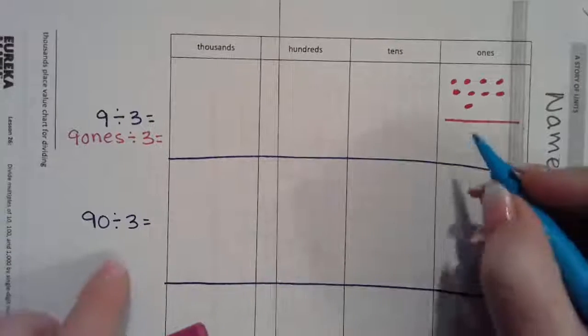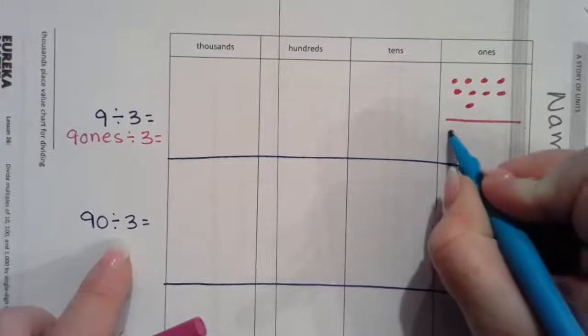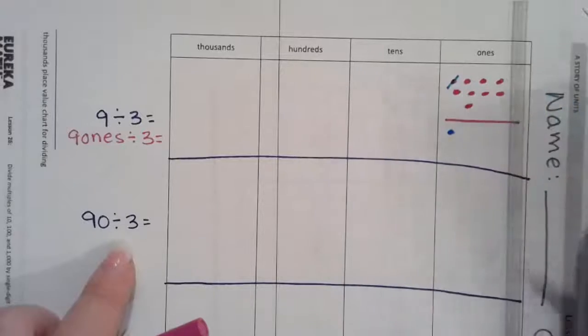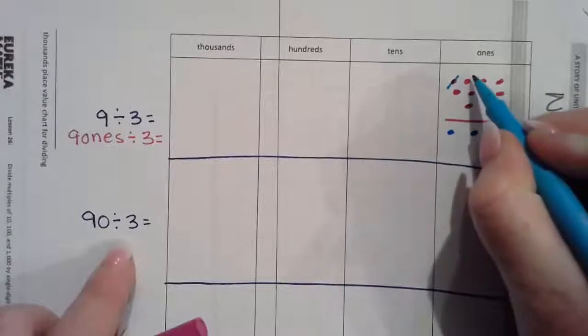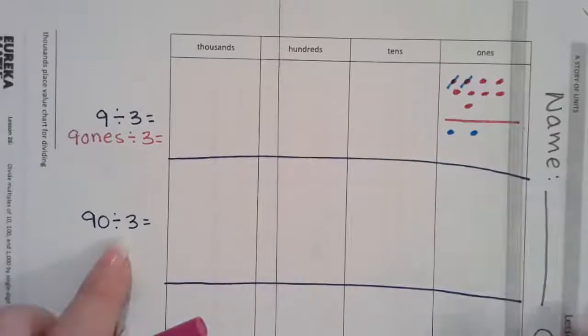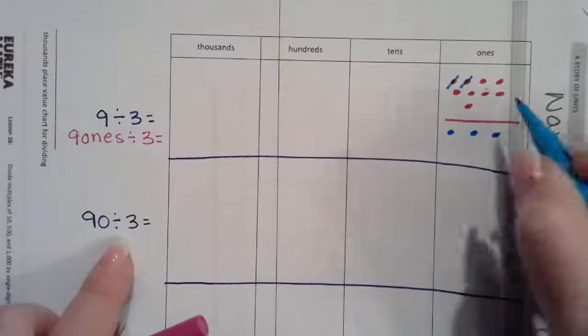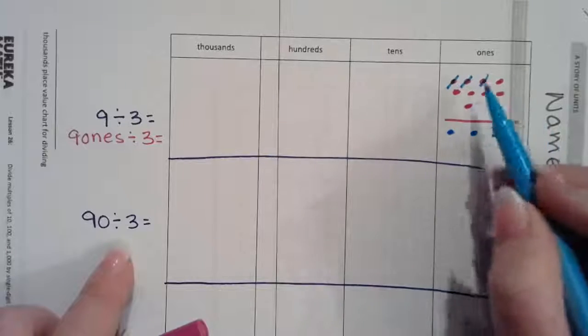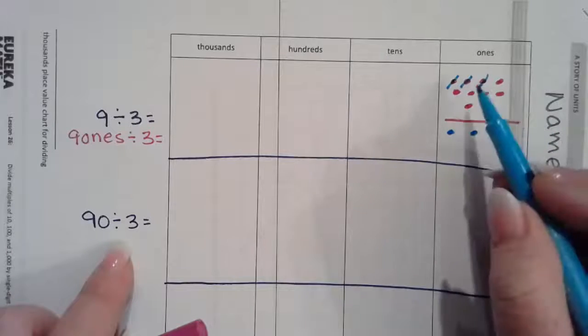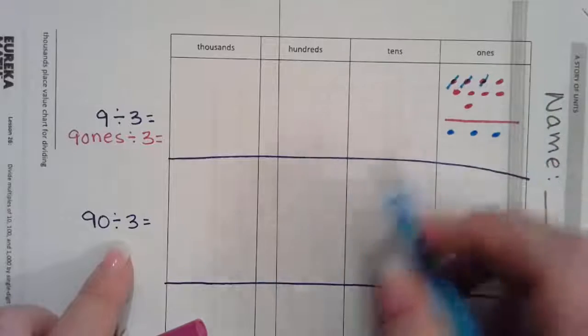So I'm going to have 3 groups. So I'm just going to start. Here's one group. All right, there's one of my 9 ones. Here is another group. There's another one. Okay, and so on. So I've started now 1, 2, 3 groups, and I'm going to keep going until I have used all of my ones that I am dividing by 3.